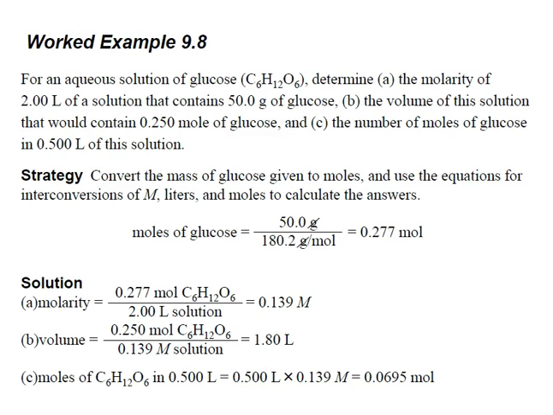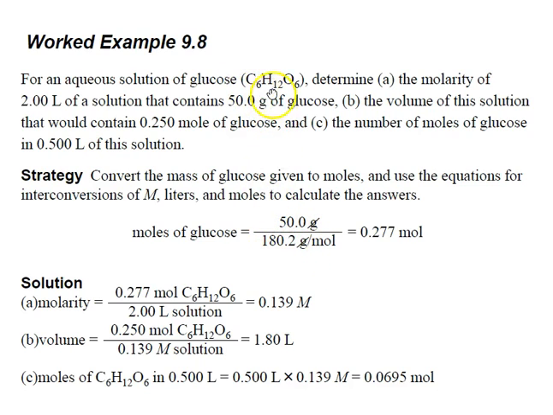So our strategy here is to convert the mass of glucose to moles, and then use the equations for converting molarity, liters, and moles to ultimately calculate our answers. Our moles of glucose we can find by taking the mass that's given, which is 50 grams, and then the molecular weight of glucose.